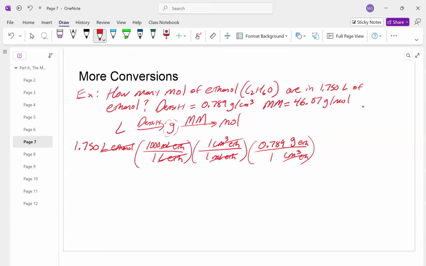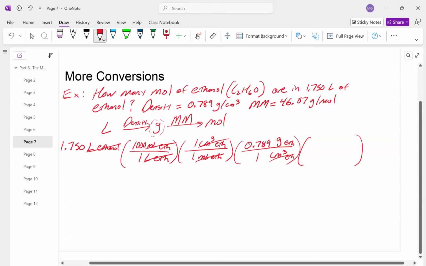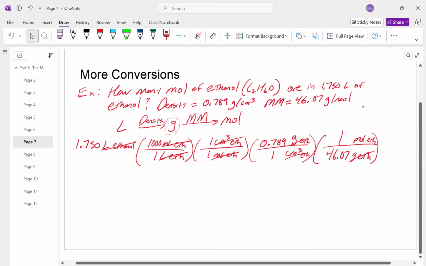So how do I go from grams to moles? I use the molar mass. Okay, grams are on the bottom because I want those to cancel out. Moles are on the top. That's the unit I want. And so the grams is 46.07 in 1 mole. And the last unit I'm left with are moles of ethanol.